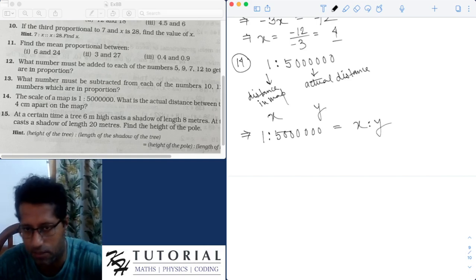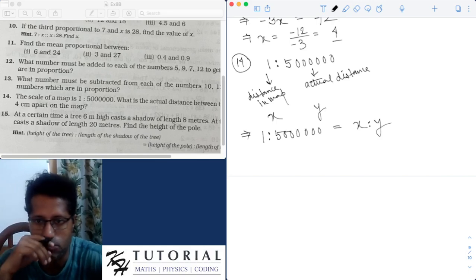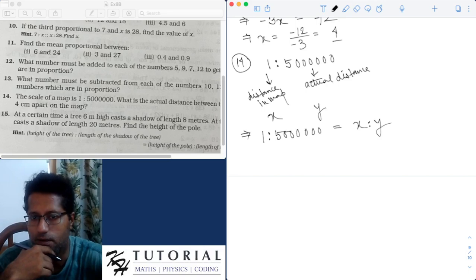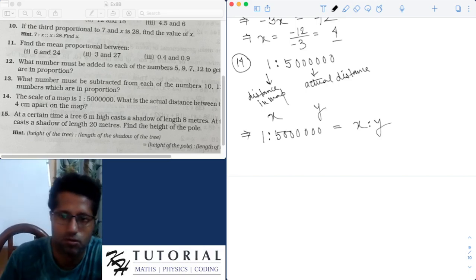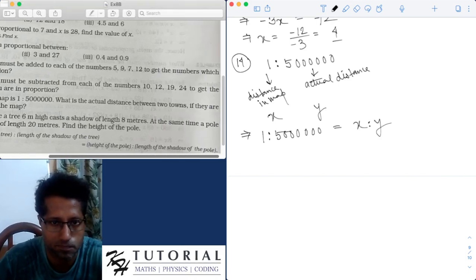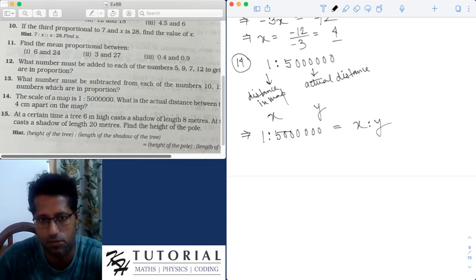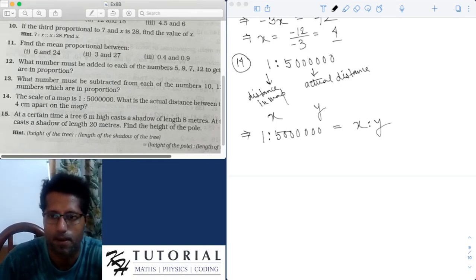If X is a distance between two cities in the map, and the corresponding actual distance is Y, then we must have this. In the problem, it is asking to find the actual distance between two towns if they are 4 centimeter apart on the map.